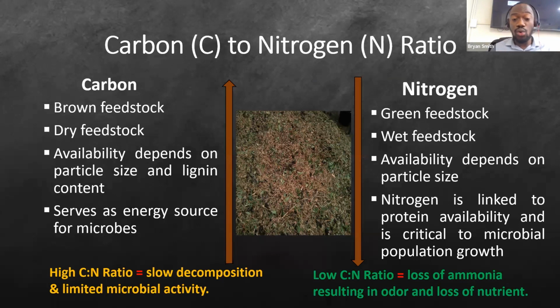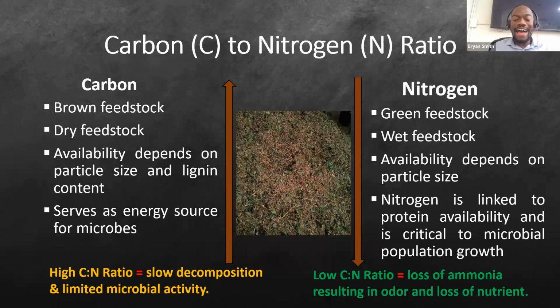But what we should know is that in a brown material, we will have some amount of nitrogen, and in a green material, our green feedstock, we will have some amount of carbon. So basically there is more carbon relative to the nitrogen in the brown feedstock, and there is more nitrogen relative to the carbon in the green feedstock.